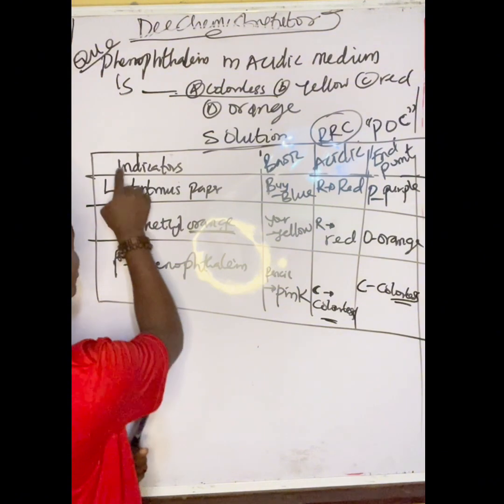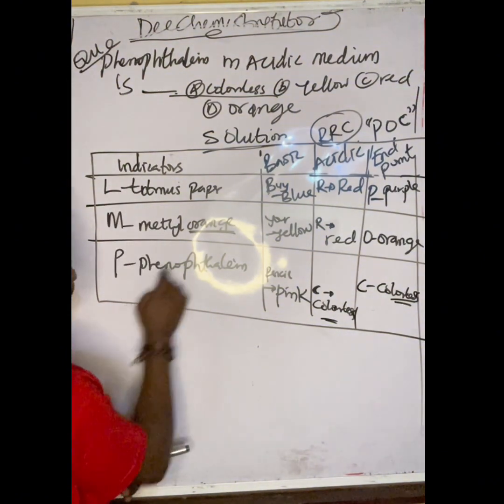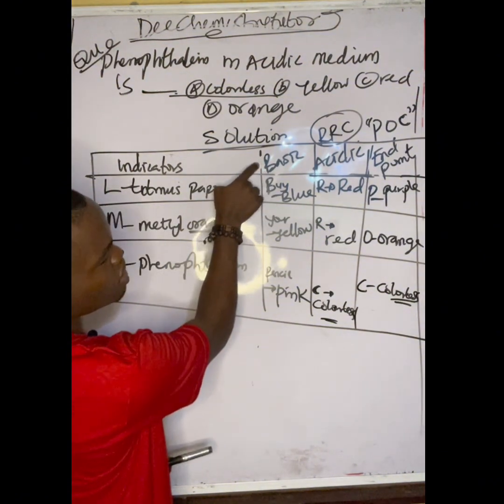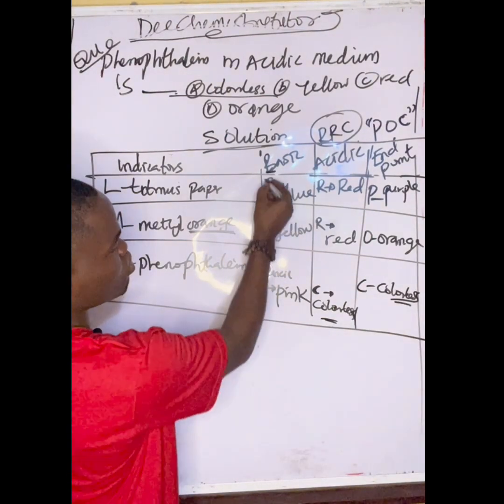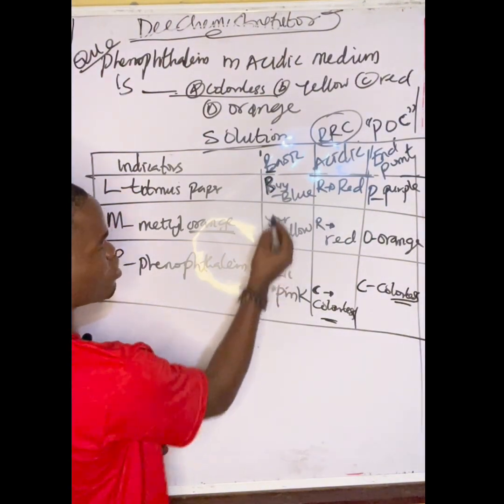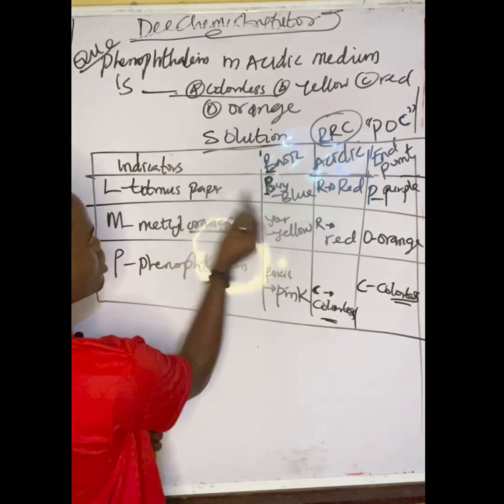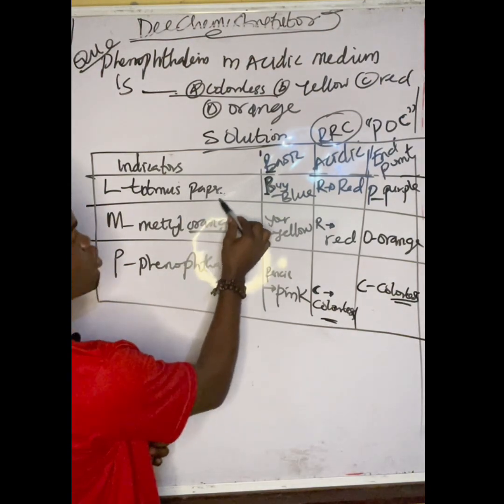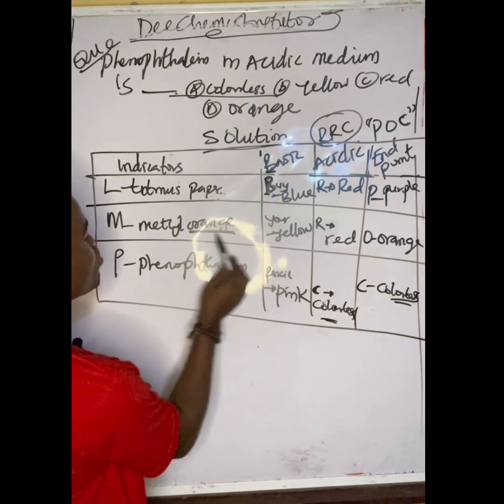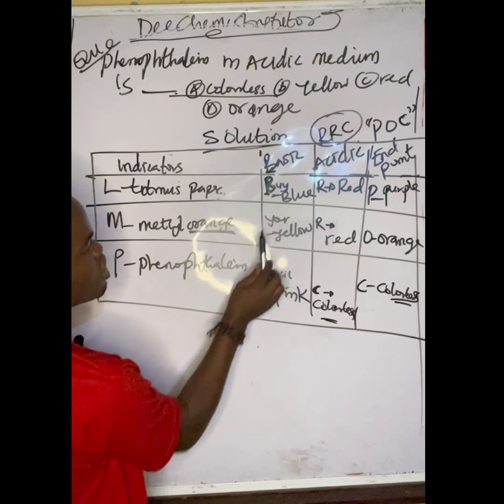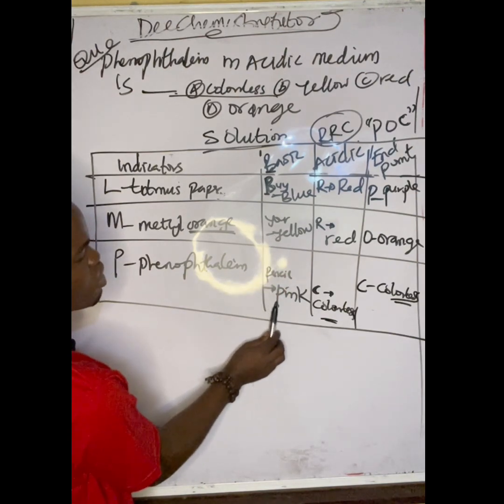So this is the way: LMP, the indicators. LMP for basic, because it started with B. So "buy your pencil". So for basic, litmus paper will turn blue, methyl orange will turn yellow when it is in basic medium, and phenolphthalein will turn pink.